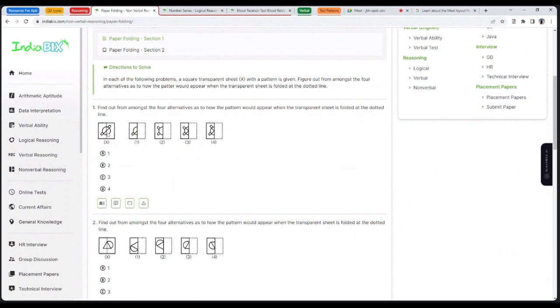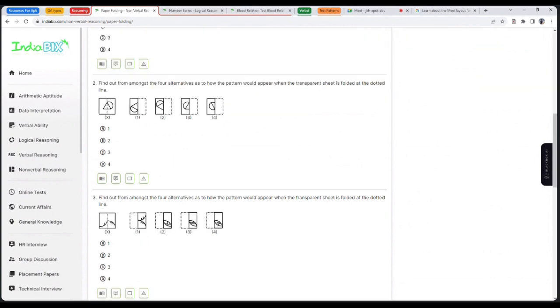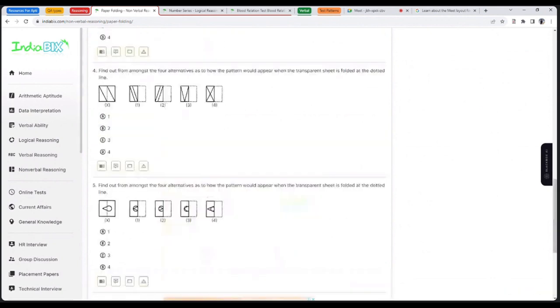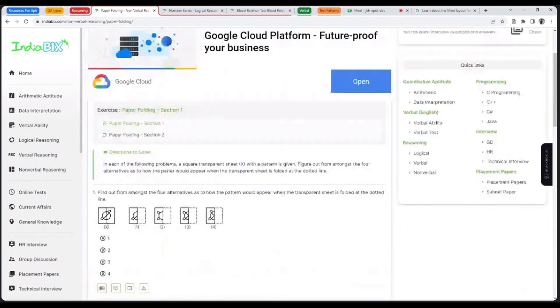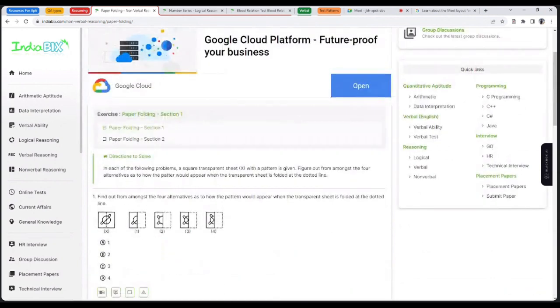Once you continue folding, they're asking what will be the final shape that results. These types of questions will be asked in abstract reasoning, and this is one type. One more type is where they first ask you to fold it and then cut a portion of it, and when you unfold, what is the final shape? These two are the famous ones that you should be practicing.